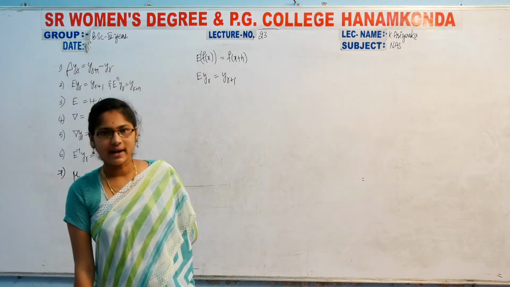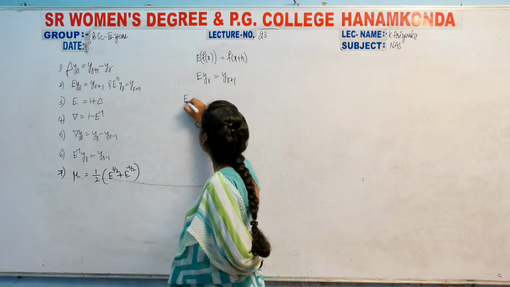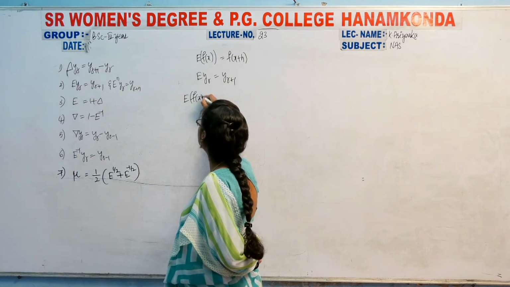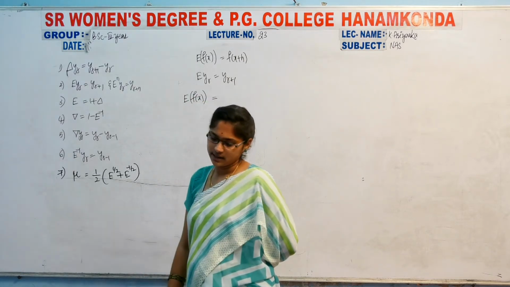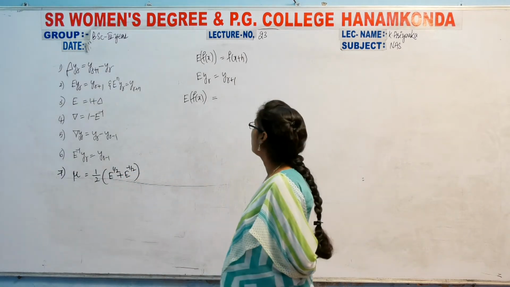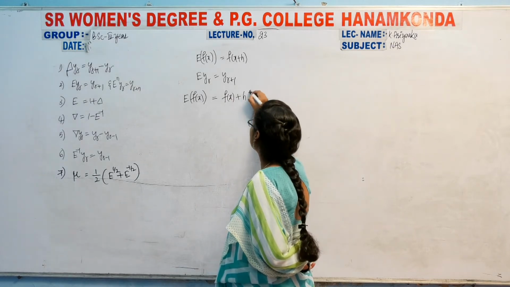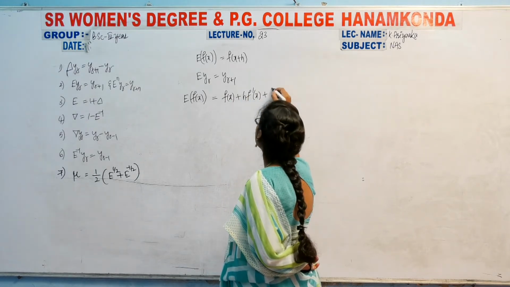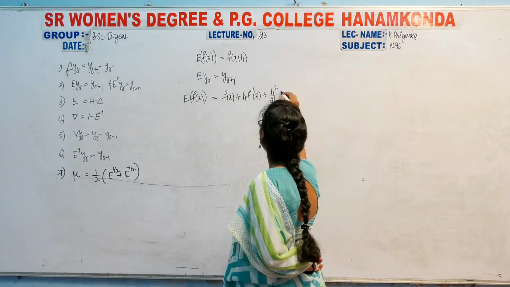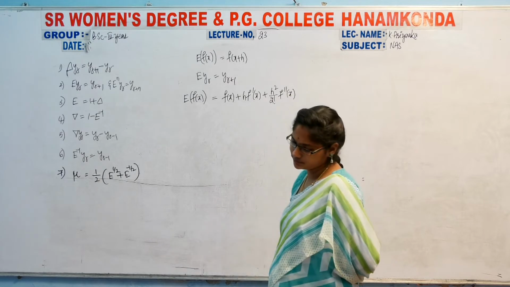Now expanding it by Taylor's theorem, then we get: first of all, f of x plus h times f dash of x plus h squared by 2 factorial times f double dash of x, and so on.